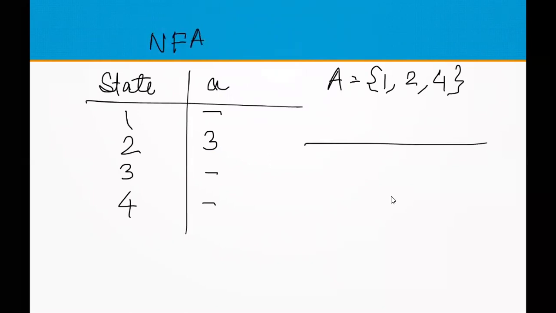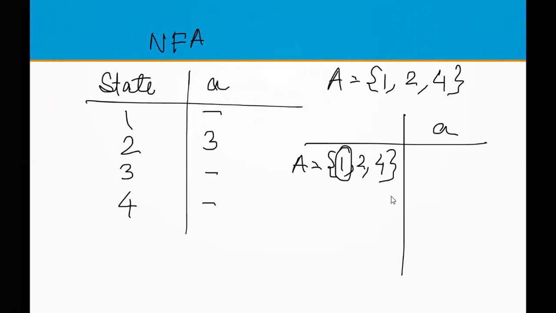Now I have to create the DFA transition table, starting with this state. So 1, 2, and 4. So on A, the transition would be the union of transition on 1 on small a, 2 on small a, 4 on small a.